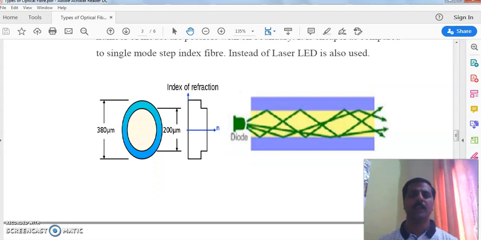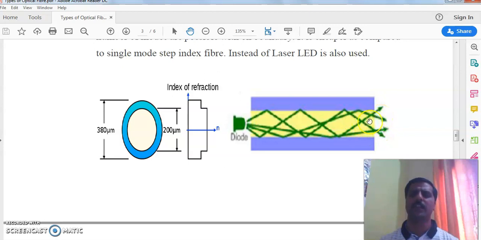One drawback of that optical fiber is that the number of rays accepted by the core region, when they reach the second end, the time taken by these rays is different.